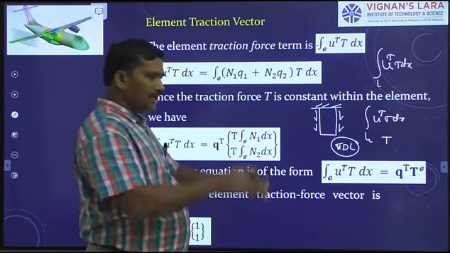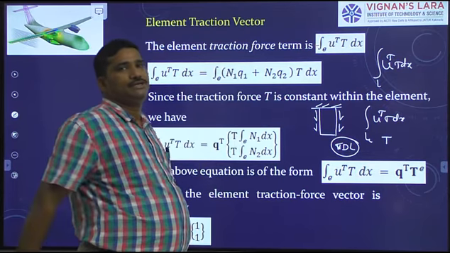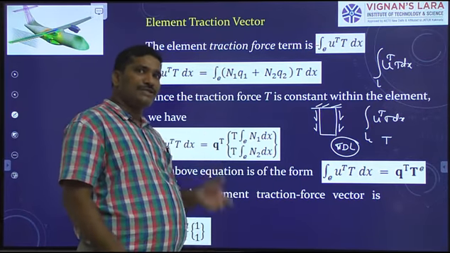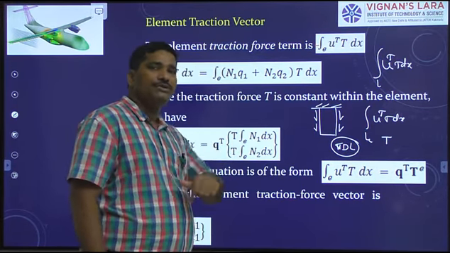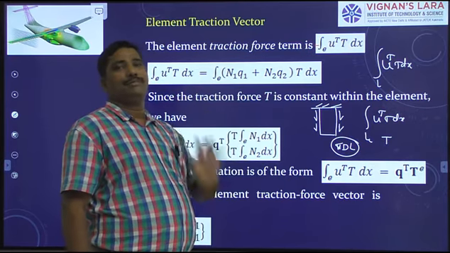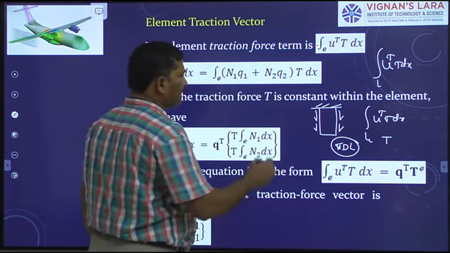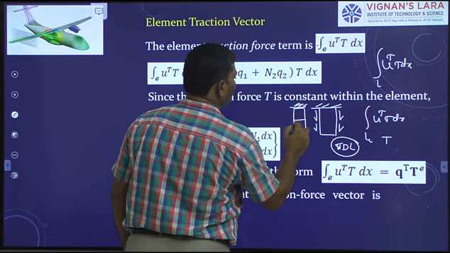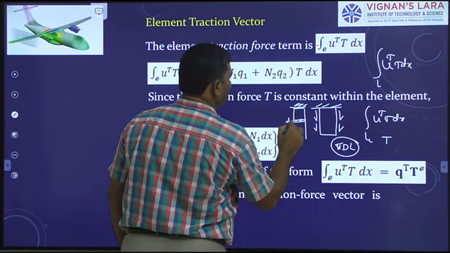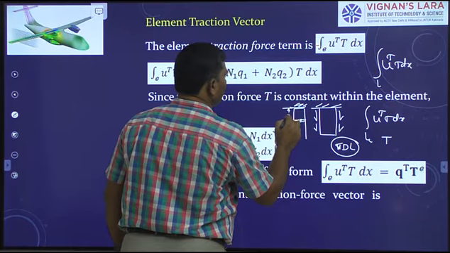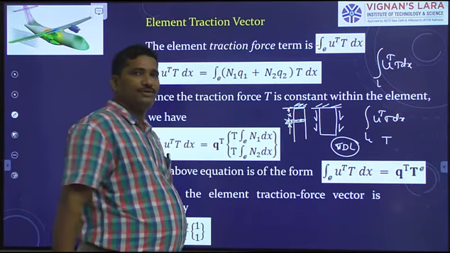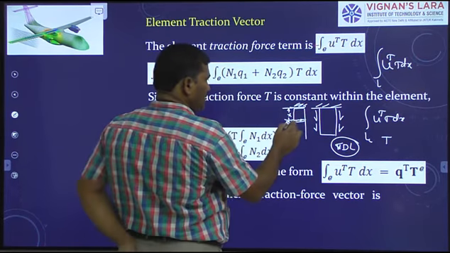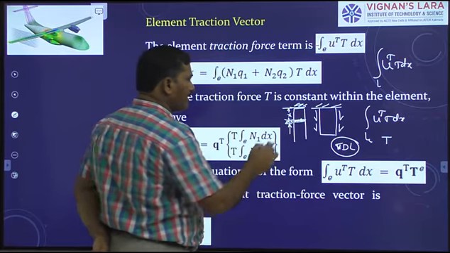Now, the surface traction multiplied by the displacement, you get the work done. How do you get the surface traction? Surface traction per unit length, T, into the length of the element. So when you take an infinitesimal element of thickness dx, distant x units from the fixed support, what is the traction acting on the surface of this infinitesimal element?